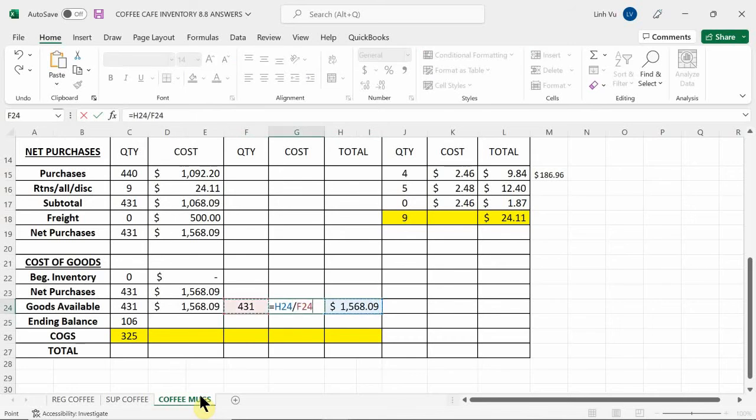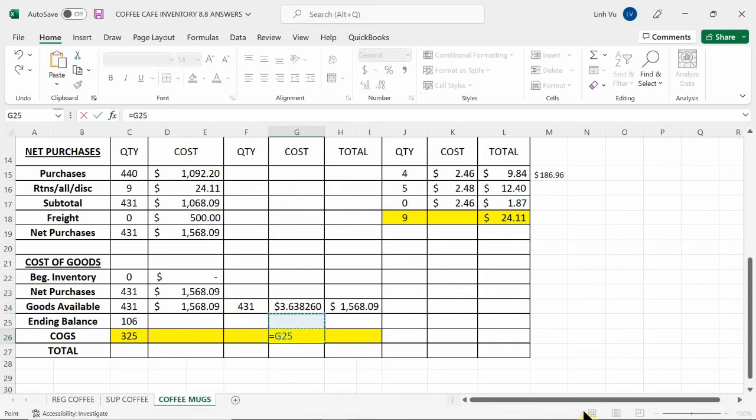And that will give you your average cost per item. $3.64. Okay, so actually it's $3.63826.